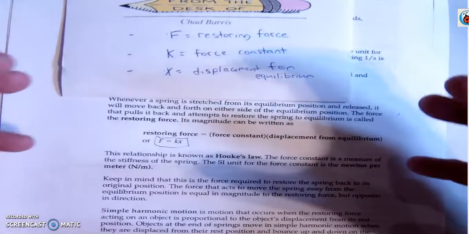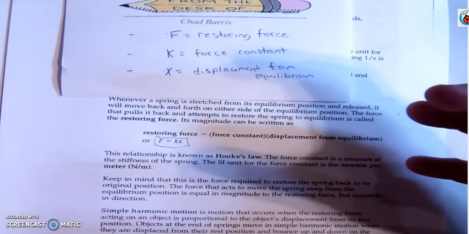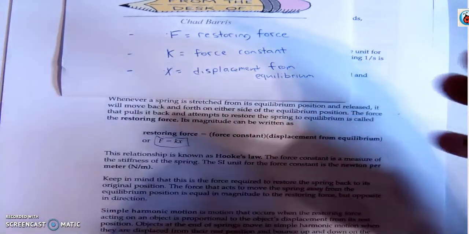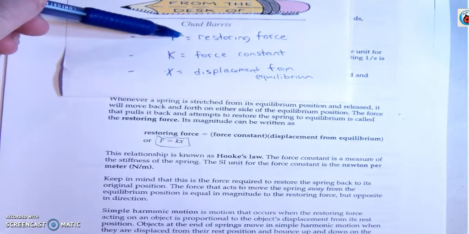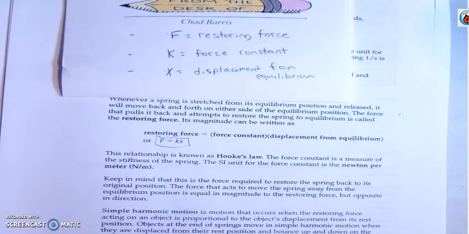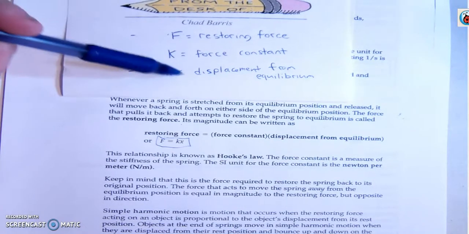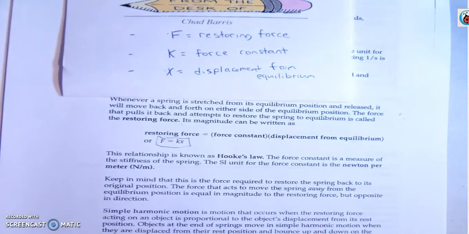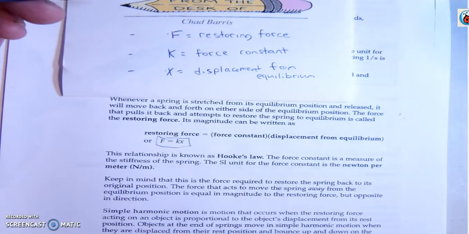So you have a slinky here. You stretch it to the left. The force that wants to pull it back to the right, and it bounces back and forth till it rests, that's called the restoring force, which we're going to try to figure out in these examples. The displacement, well, remember, that just means how far from the initial point. Okay? And then the force constant is what they'll give you.